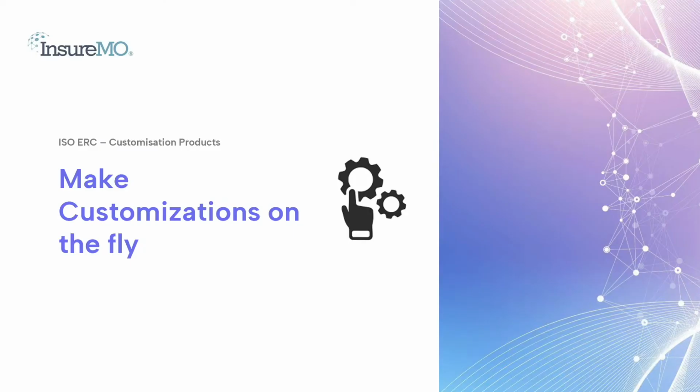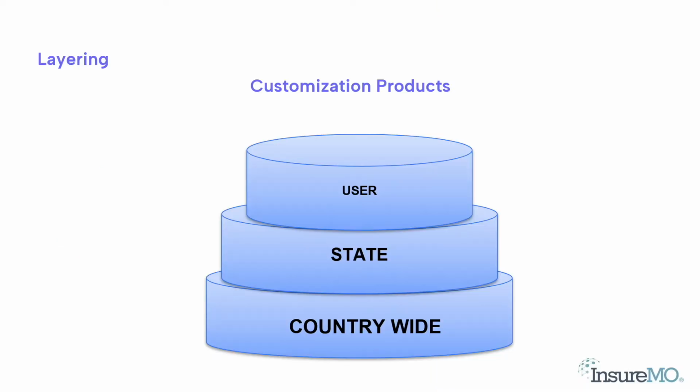Today, we'll see the process of customizing ISO products in InsureMO. As we've seen with standard products, your customization products will also have layers. Your base layer is the countrywide product, and then the state customization sits on top of that layer, and that layer is called the state product.